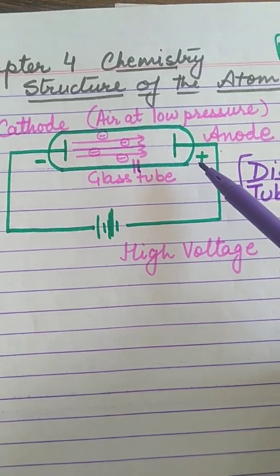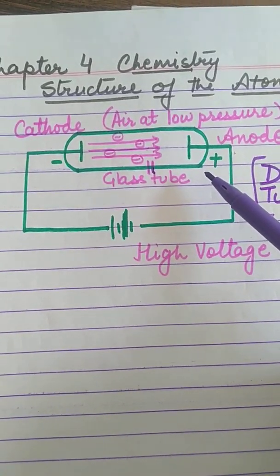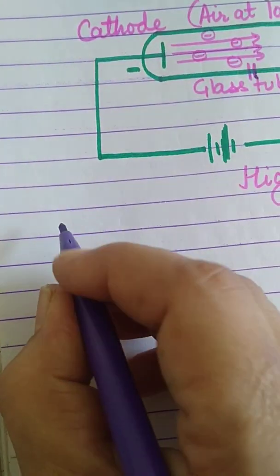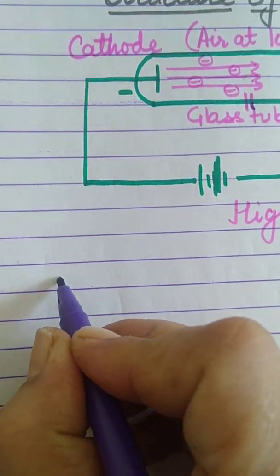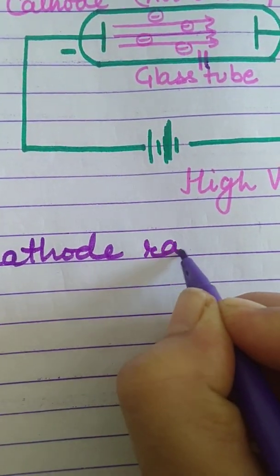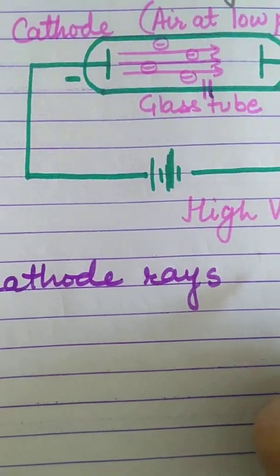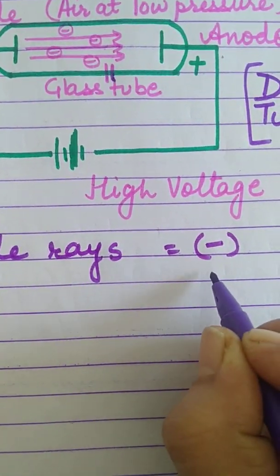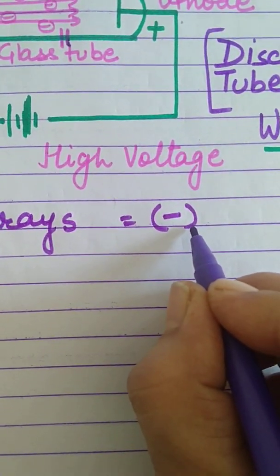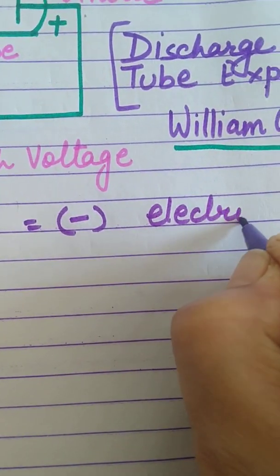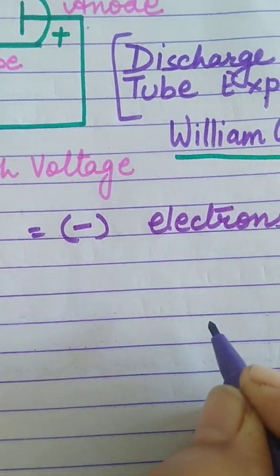So this experiment, cathode ray experiment or discharge tube experiment, led to the discovery of cathode rays, which consist of negative particles, which were later termed electrons.